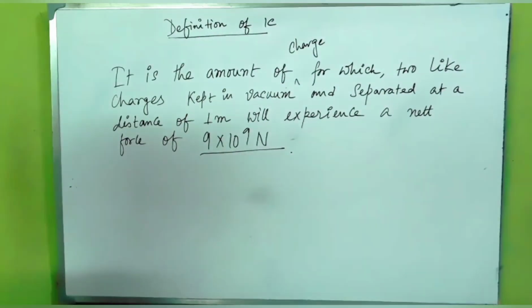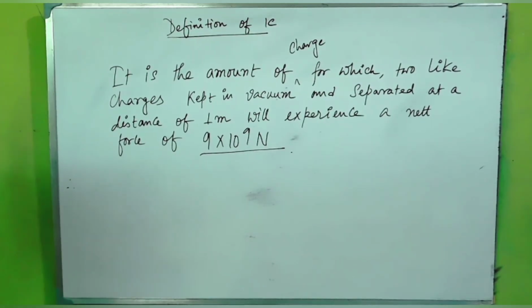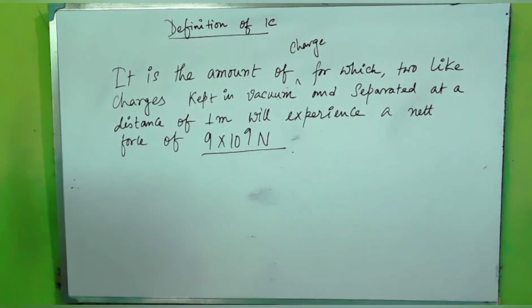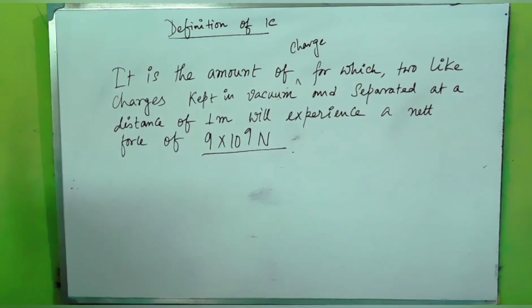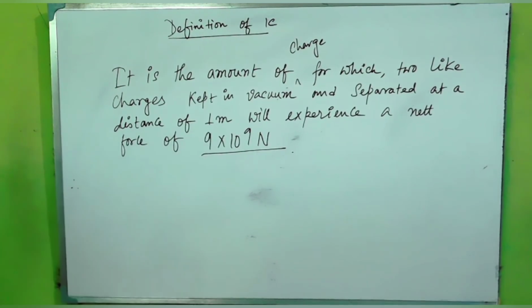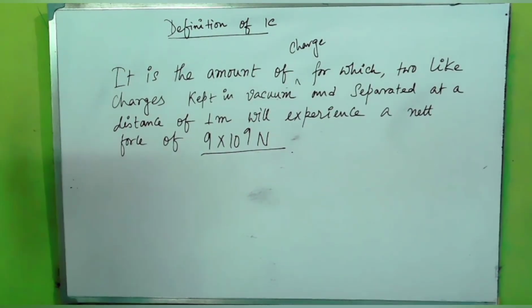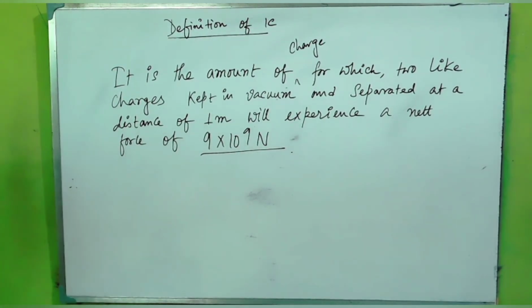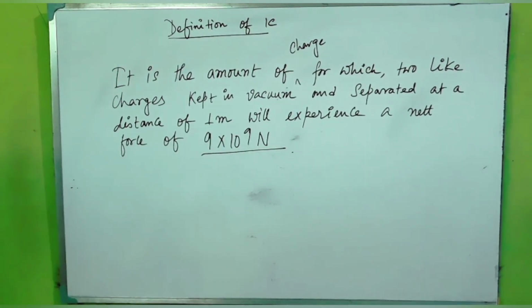So this is the derived definition of 1 Coulomb, and it states that it is the amount of charge for which two like charges kept in vacuum and separated at a distance of 1 meter will experience a net force of 9 times 10 to the power 9 Newton.